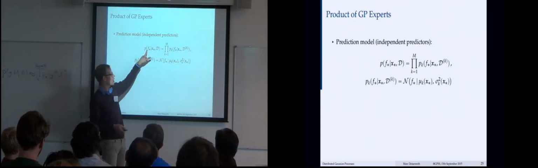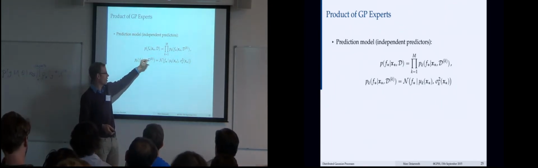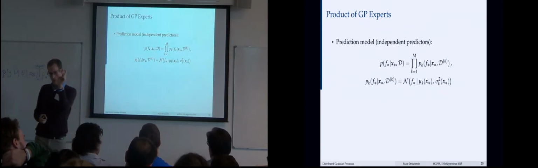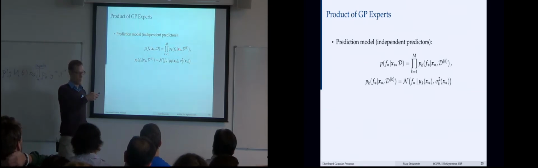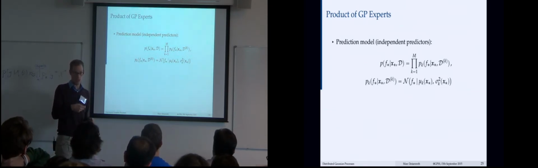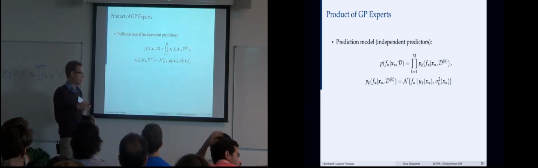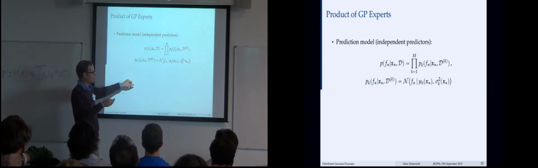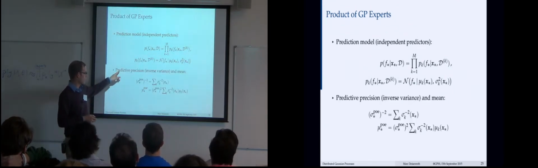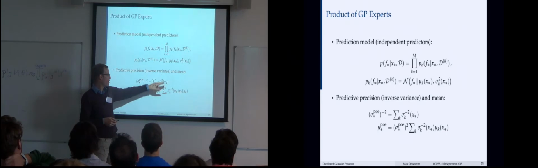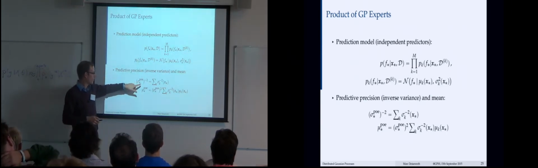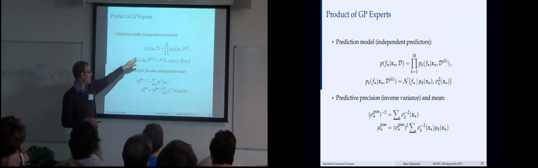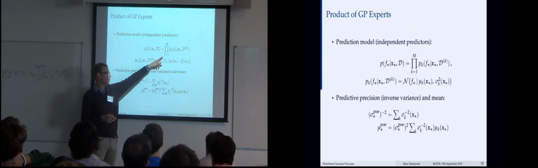It just says my predictive distribution is just the product of the individual predictions. So each of these predictions is Gaussian because it comes from the Gaussian process of each expert, which is written in this way. And the nice thing is, again, you can write down the overall precision and the overall mean of this product here.